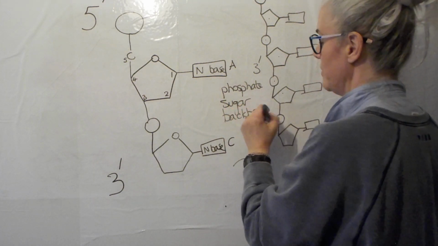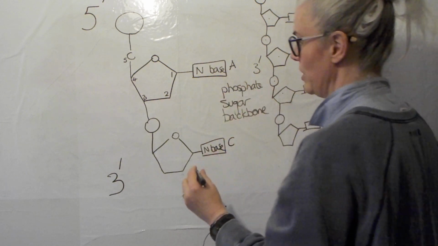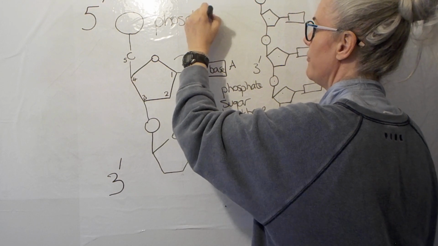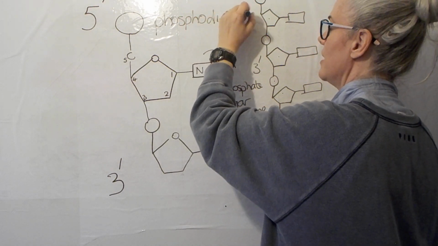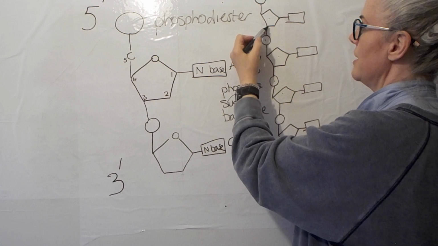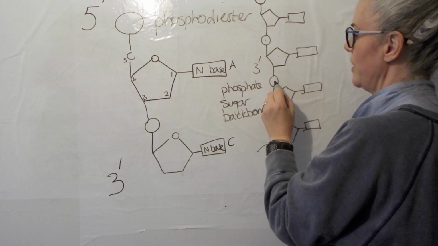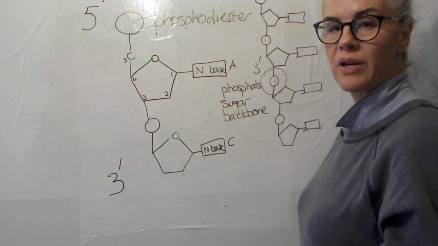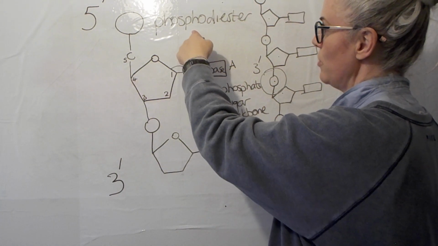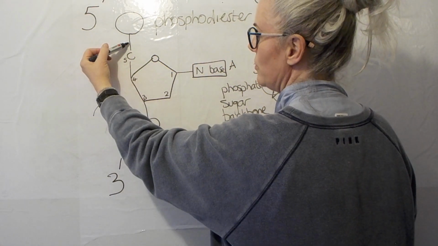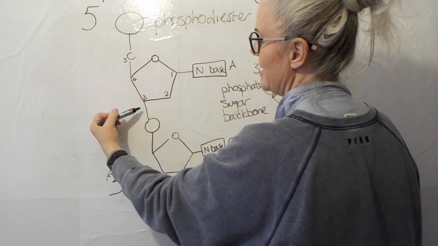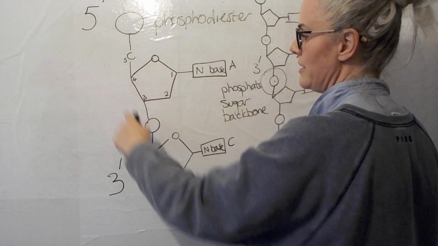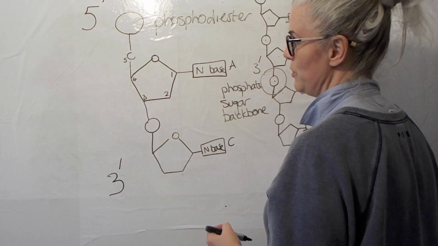The bond involved in the formation of the phosphate sugar backbone is called a phosphodiester bond, because you've got phosphate, ester, ester bond. So what's making that sugar phosphate backbone is a phosphodiester bond, but that is made up of an ester bond between the 5th carbon and the phosphate, and an ester bond between the phosphate and the 3rd carbon. So 2 ester bonds with a phosphate in between.